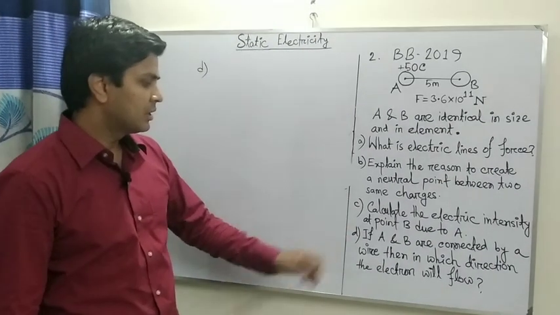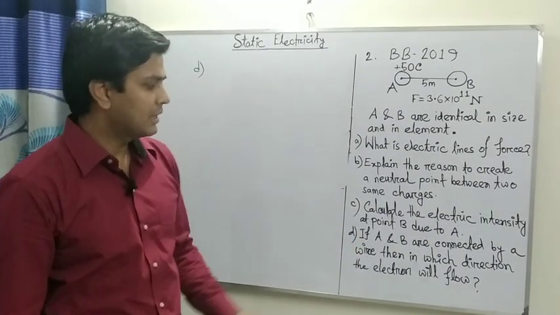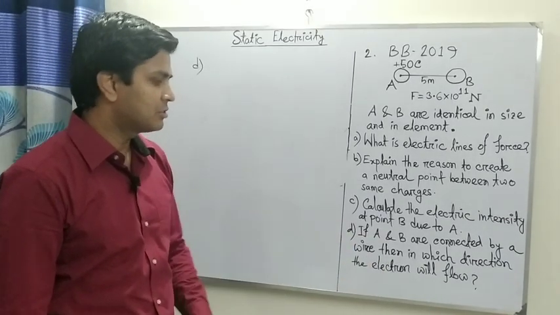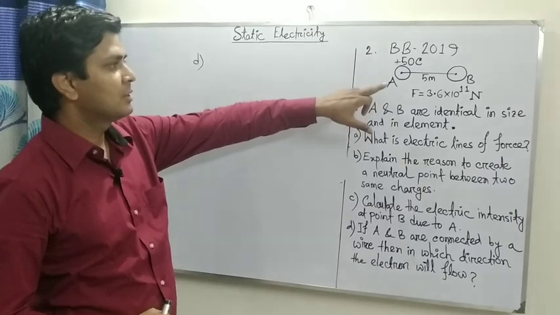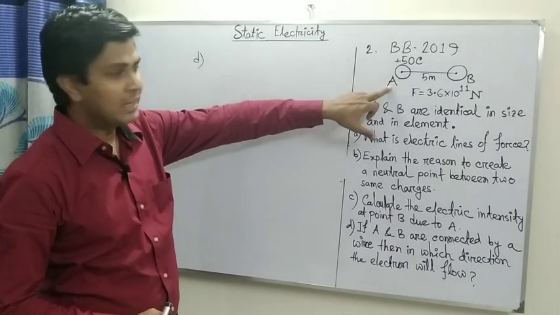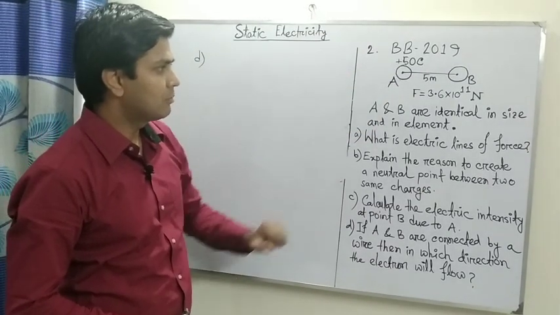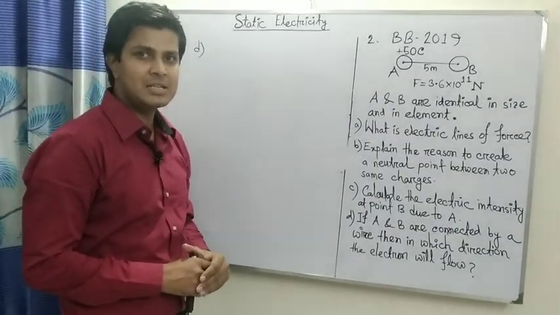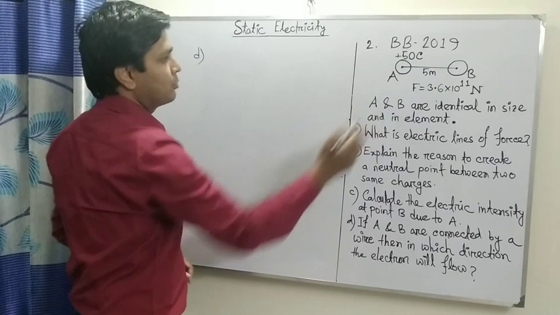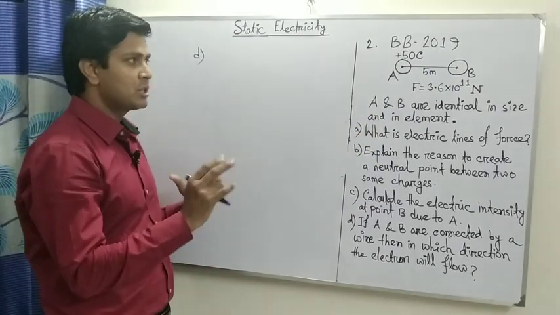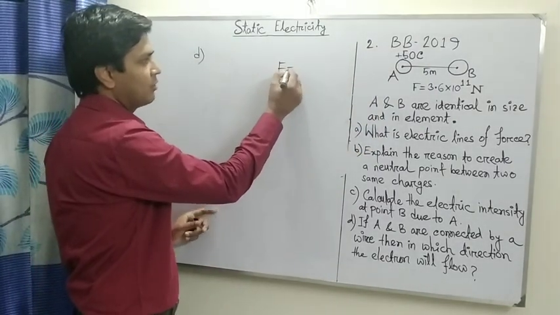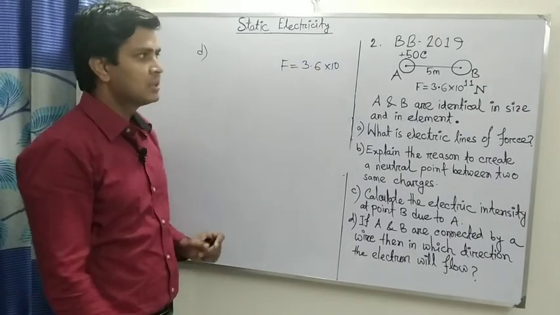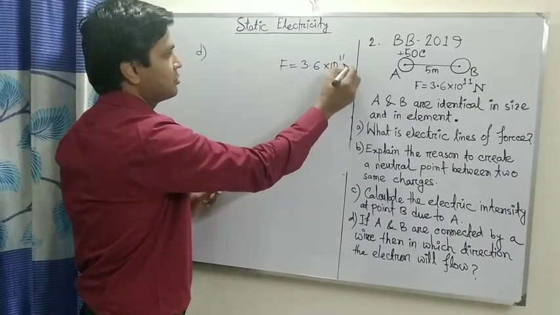Question number D. If A and B are connected by a wire, then in which direction will the electron flow? The charge of body A is given plus 50 coulomb, but the charge of body B is not given. First of all, we have to calculate the charge. So here the force between the two charges is given, F equal to 3.6 into 10 to the power 11 Newton.